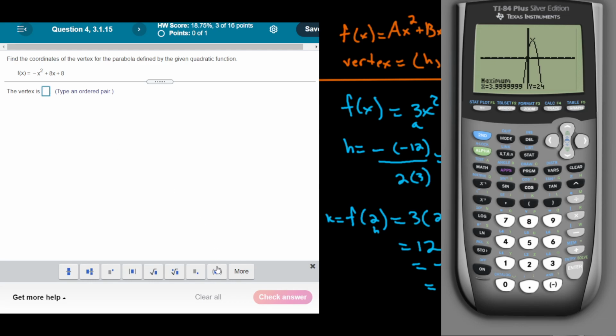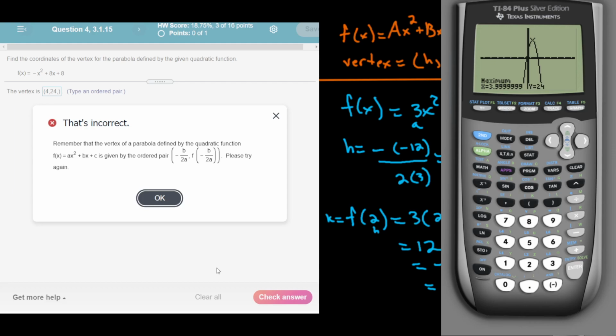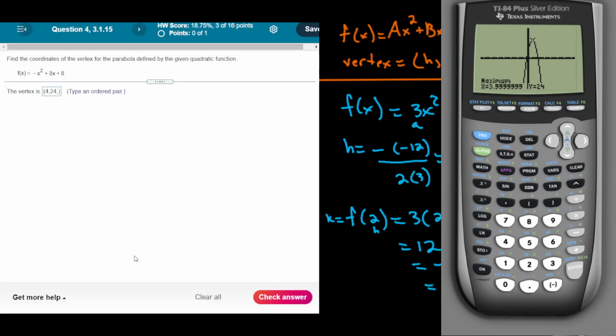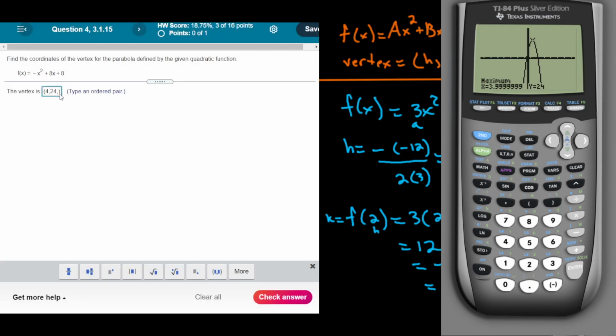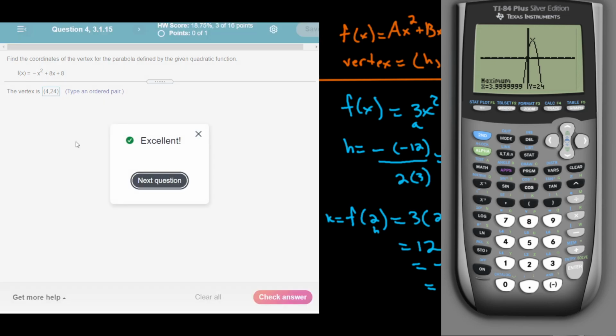So let's hit the coordinate 4 comma 24. What did I do wrong? Oh, I see a comma sitting there. We got it right. Don't worry. All right, excellent. So if you wanted to use negative b over 2a, you can. If you want to use the calculator, you can as well. But there's going to be plenty of practice here, so don't worry.